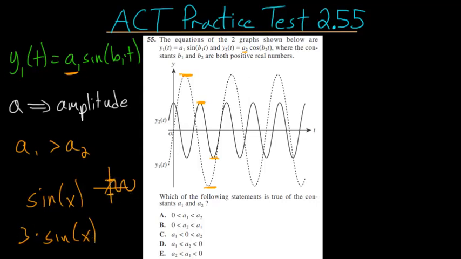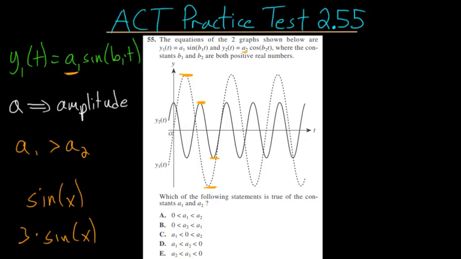But this 3 times the sine function will oscillate between 3 and -3. So the peaks and valleys of this function are going to be much bigger than the peaks and valleys of this function. This is a fairly rough sketch, but you get the main idea of what's happening. This function here is going to have much higher peaks and valleys than this function, just because the number multiplied by it on the outside is bigger.